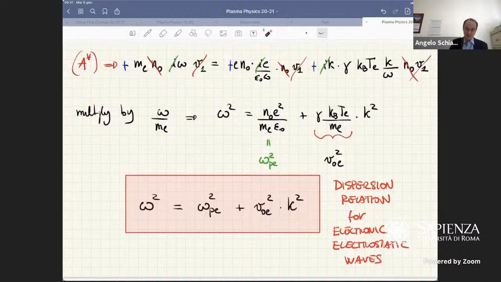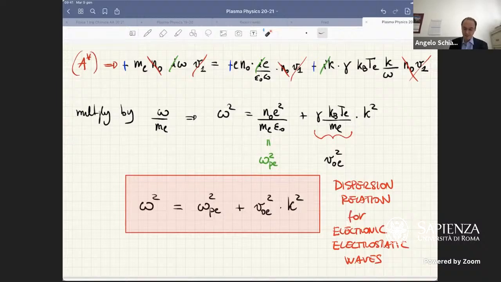And then we have a constant term in front of it that we were anticipating last time. So we see that this actually is a dispersive medium, because the phase velocity is different from the group velocity.